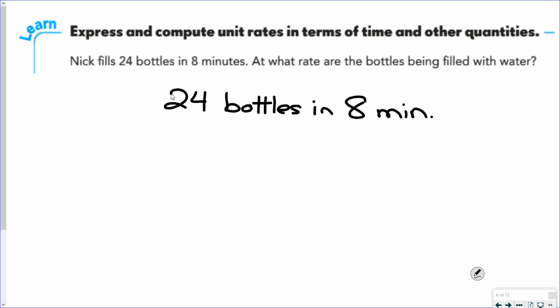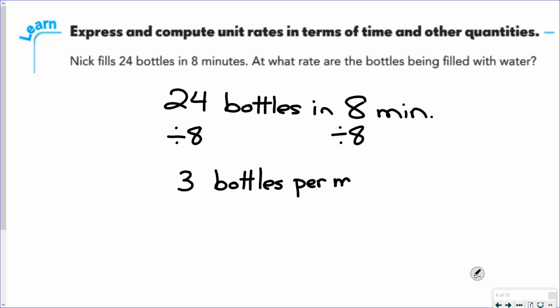And in this case, we want to take our time down to 1 minute because that's going to tell us how many bottles are being filled. So in order to get down to 1 minute, we would have to divide the 8 minutes by 8. And since we're dividing the 8 by 8, we also divide the 24 by 8. So we would have a rate of 3 bottles per minute.